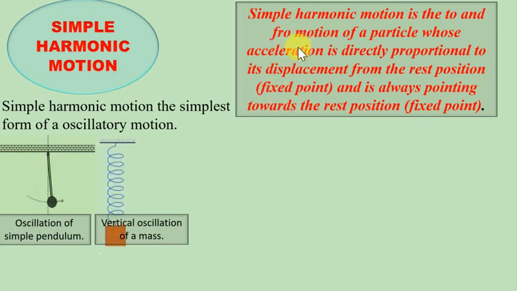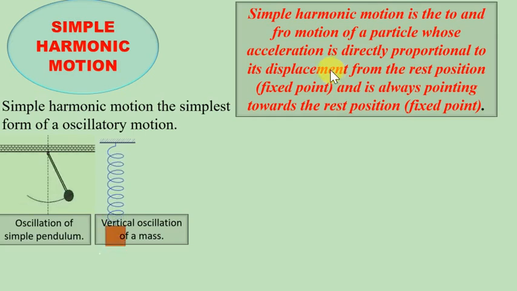Now, there are 2 things that are very important in this definition. Number 1, we see that a simple harmonic motion has to do with to and fro motion or movement of the particle, so that the acceleration will always tend to bring the object back to the center or the rest position or the fixed point or the equilibrium position.